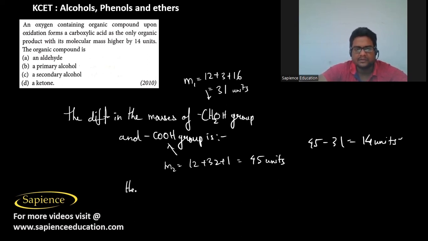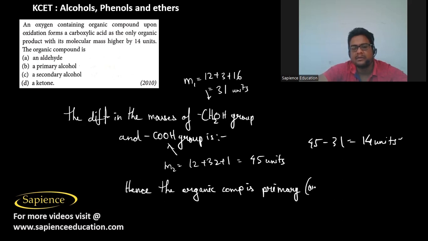So hence the organic compound is a primary or 1 degree alcohol, which upon oxidation forms the carboxylic acid.